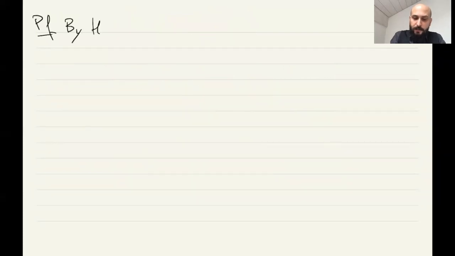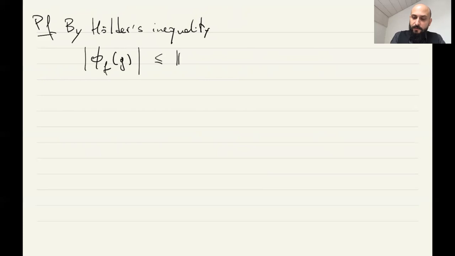So by Hölder's inequality, what we have is that the norm of phi sub f of g is less than the p norm of f times the q norm of g.